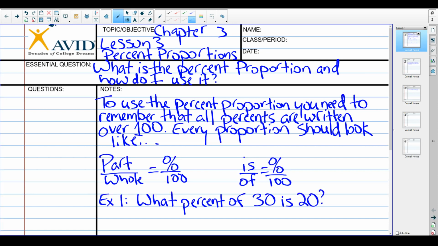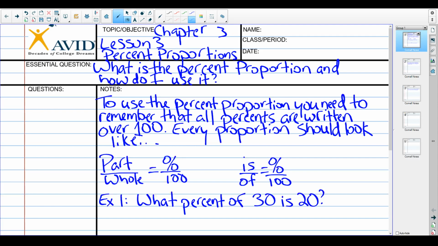The explanation here is just a reminder that anytime you have percents, if you write it as a ratio, you write it over 100, and that is what every one of your proportions is going to look like. So if it's a word problem, you're comparing part to whole equals some percent over 100.